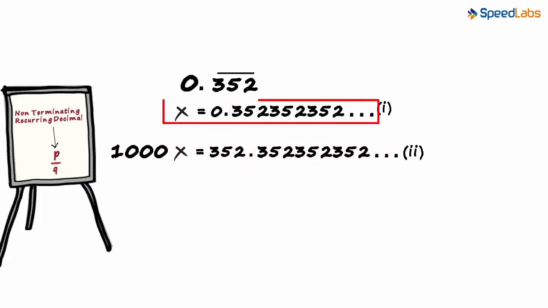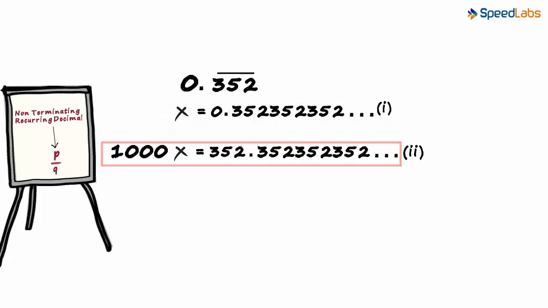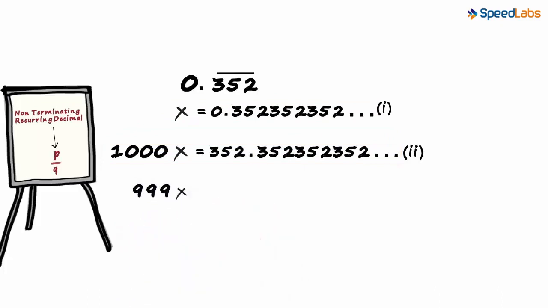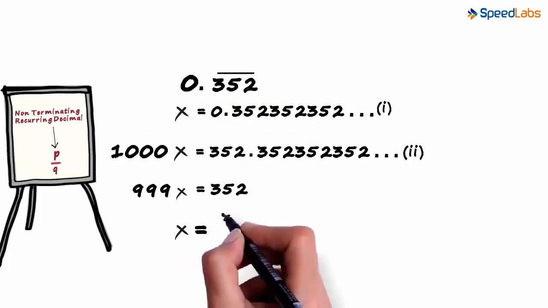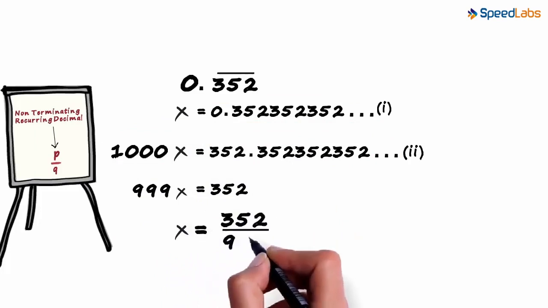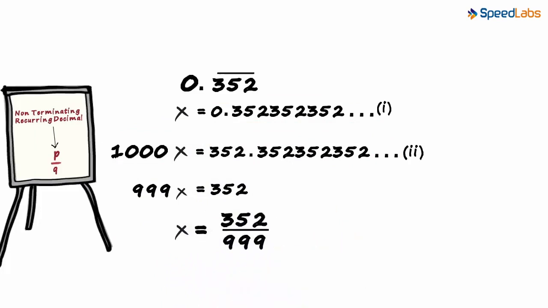Subtracting equation 1 from equation 2, we get 999x on the left-hand side, and subtracting this from this, we get 352. So x will equal 352 by 999, which is in the p by q form.